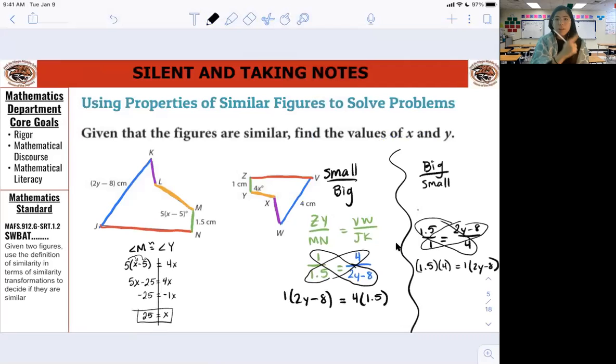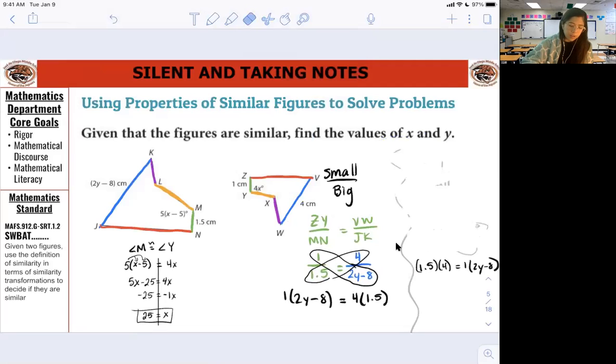It's just that they end up on the opposite side, but it's the same exact equation, it's just one way versus the other. Okay? The most important thing is that if you choose to do small over big, you do that both times. Because that's the only issue: if you do small over big and then big over small, it'll be wrong.